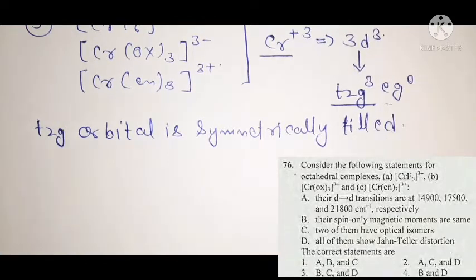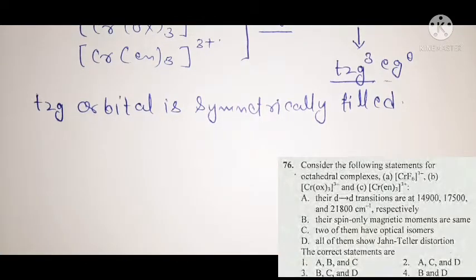And we know very well that when t2g orbitals are symmetrically filled, there will be no Jahn-Teller distortion present in that complex ion. For showing Jahn-Teller distortion, the must condition is that either t2g or eg orbitals are unsymmetrically filled. So when eg or t2g orbitals are unsymmetrically filled, there is Jahn-Teller distortion in the geometry of that complex.